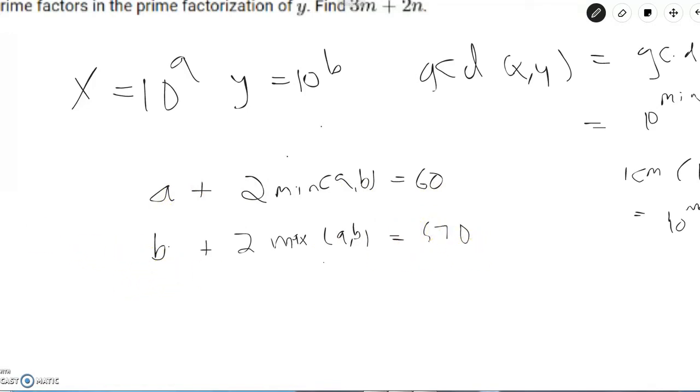So it makes intuitive sense to set min(a, b) equals a and max(a, b) equals b. Then a plus 2 times a is equal to 60, and b plus 2 times b is equal to 570. The first equation gives us a is equal to 20, and the second equation gives us b is equal to 190.